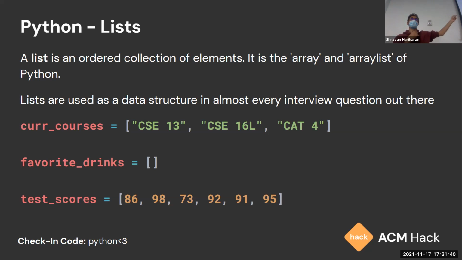We can define a list literal, so we can define values in it already, like current courses. We can also define an empty list, and we can also define a list of type integer. But again, since Python's dynamically typed, we can mix integers and strings in the same list. I don't have an example here, but theoretically we can make one of these a string and Python wouldn't complain. So that's how we define lists.